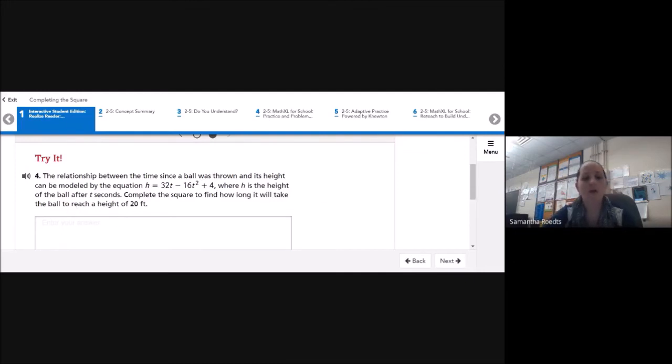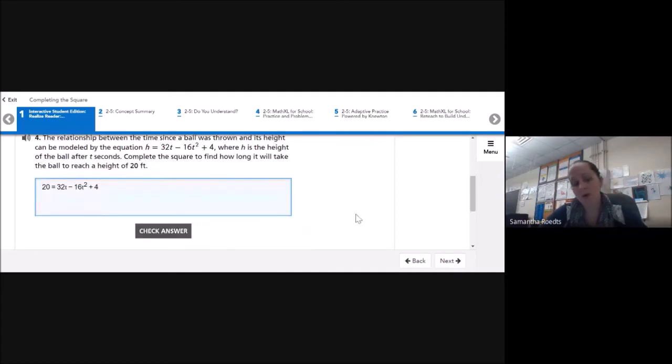All right, so the first thing that I want to do is rewrite the equation. So 20 feet equals 32t minus 16t squared plus 4. In order to do this, I need to rearrange this a little bit.